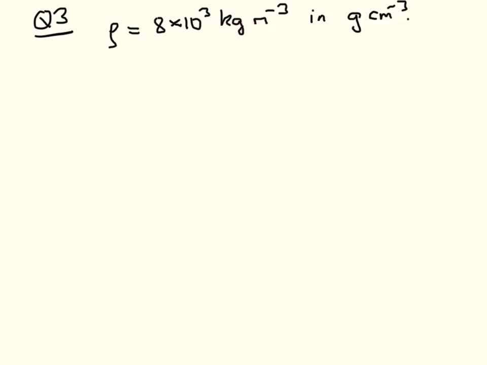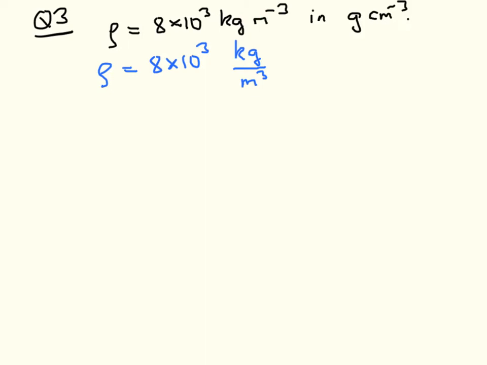So let's think first of all about what this means. What it means is that we have a density is 8 times 10 to the 3, so it's 8,000, and then it's kilograms, the number of kilograms for every cubic meter. So I'm going to divide here by cubic meters.